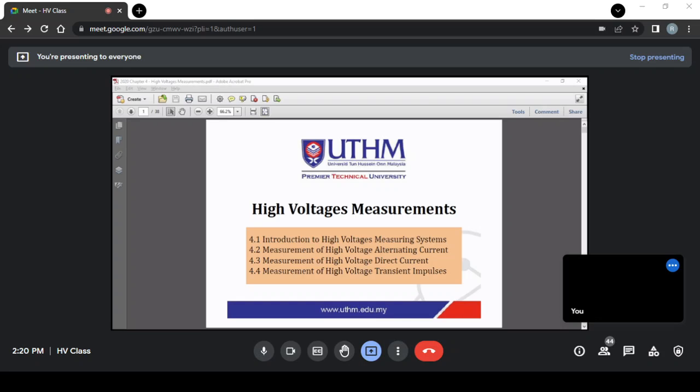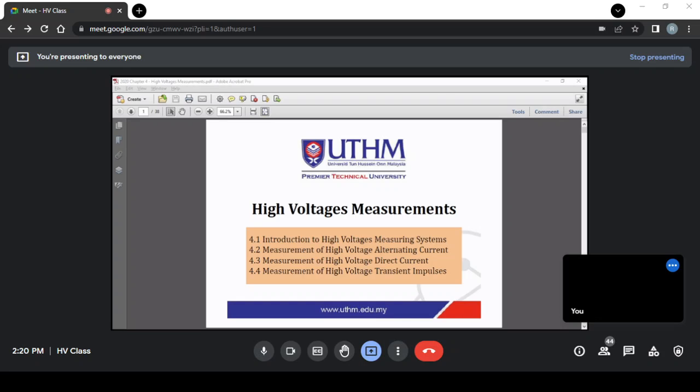We need to know whether the device or the substation, the power system distribution, is working fine in normal conditions, and we can prevent any abnormal scenario that may cause a serious problem, like catastrophic disaster from explosions, from the failure of power equipment that might lead to injuries and death. So these are some of the main reasons why we need to measure the high voltage.